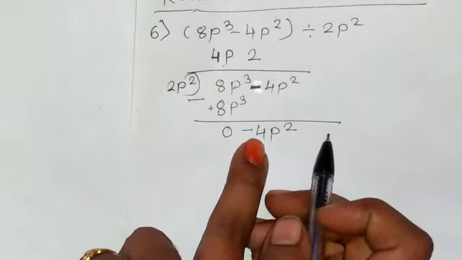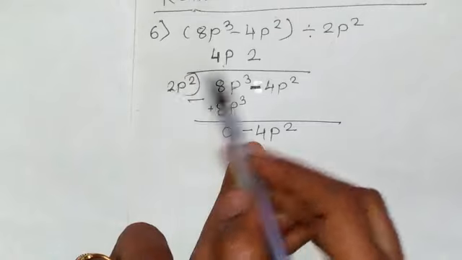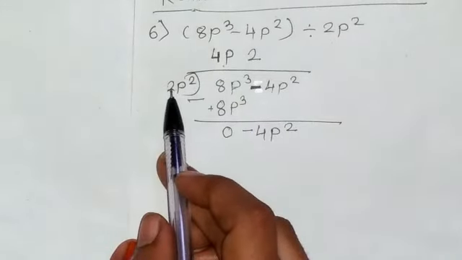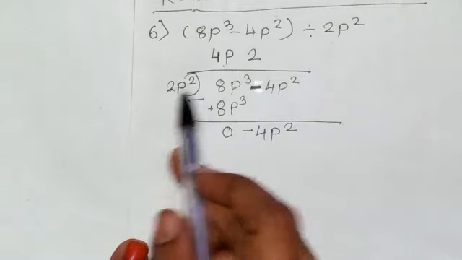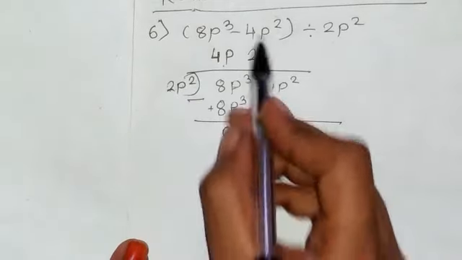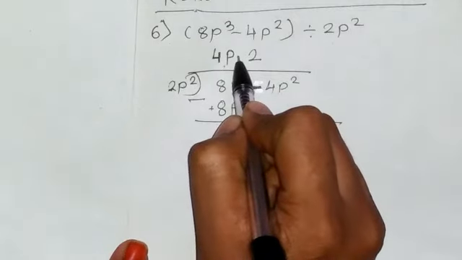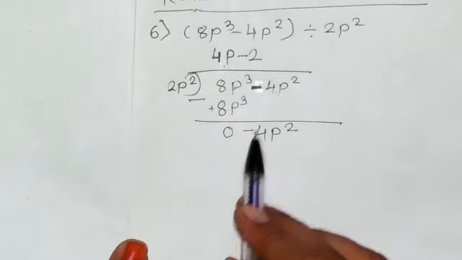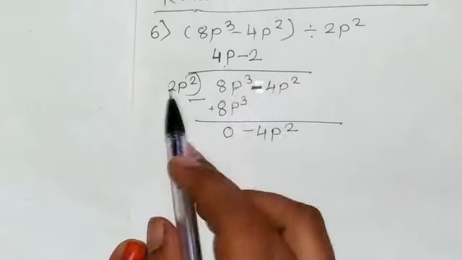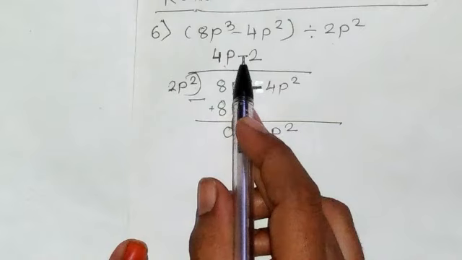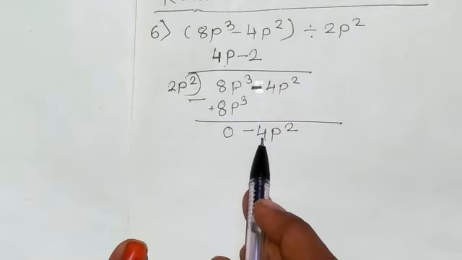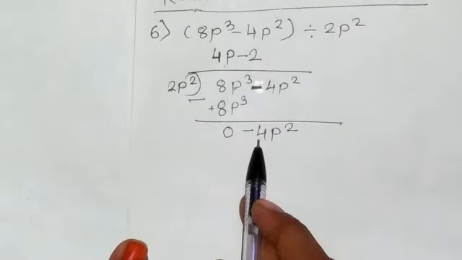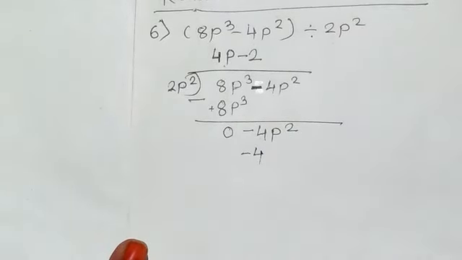If we want negative 4, then among these two numbers one will be negative. We cannot change the symbol of this plus 2, but here we can change the symbol of this 2. So if we put the negative symbol on this 2, then 2 2s are 4, and since one of the 2s is negative, the answer will be negative 4. It means plus 2 multiplied by negative 2, the answer will be negative 4.